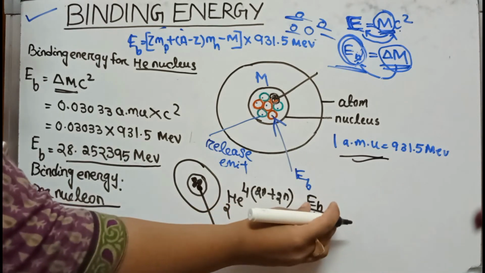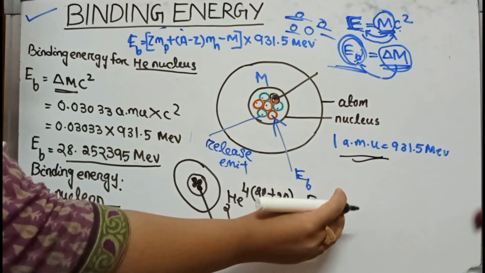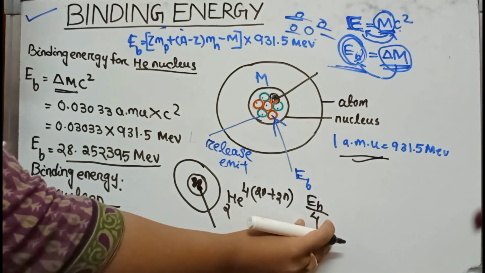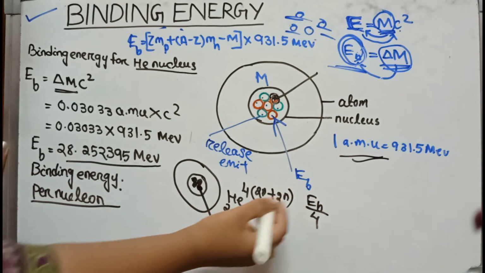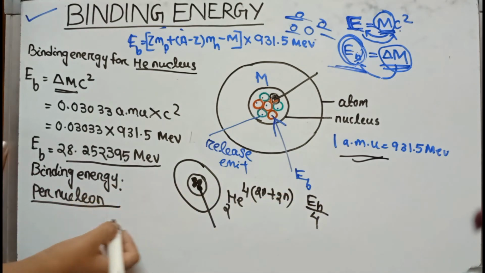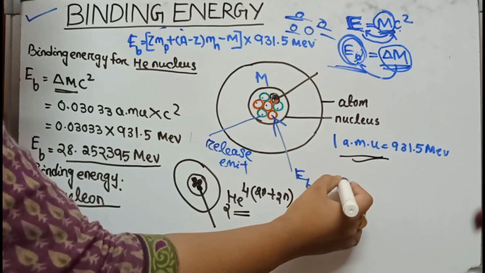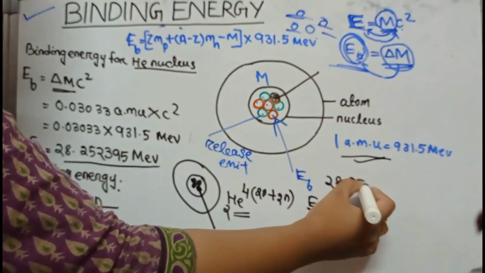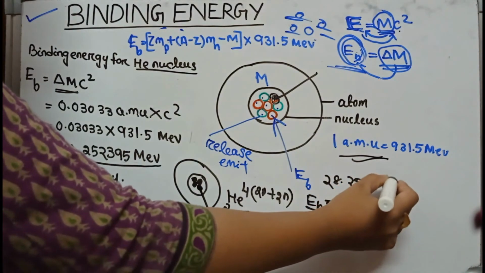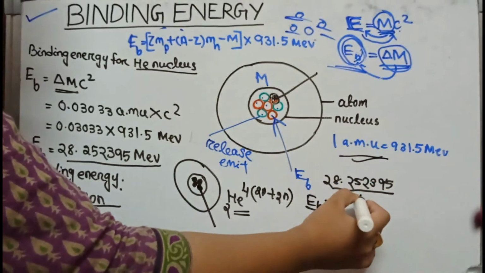That is total binding energy divided by 4. Yes. So see, what is the binding energy per nucleon for the helium nucleus? The binding energy is 28.252395 megaelectron volt divided by 4.